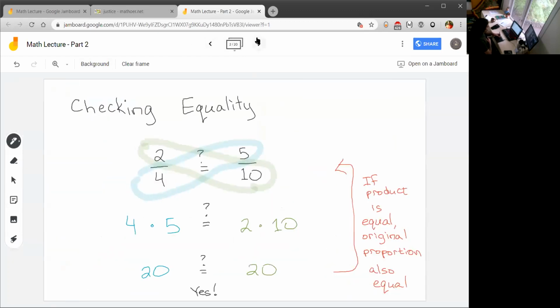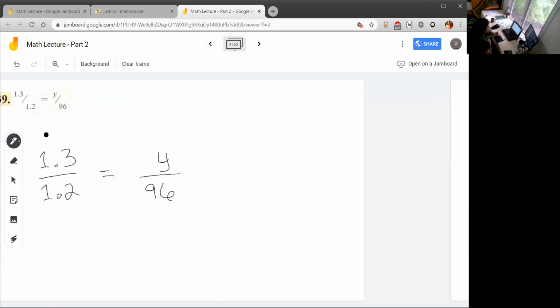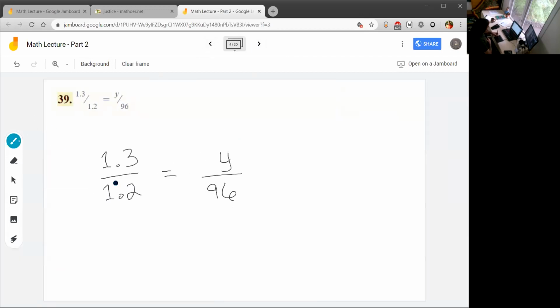Let me get my colors right. I did blue with that diagonal. So in one diagonal, I have a y times a 1.2. On the second diagonal, I have a 96 times a 1.3.